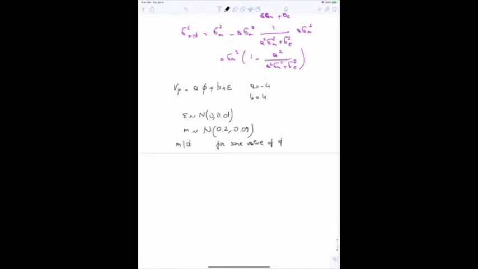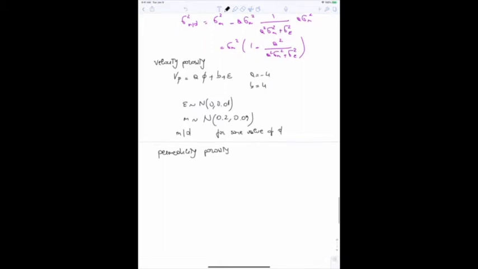And then I'm going to give you something nonlinear. So this is a typical rock physics model for velocity porosity. Then I'm going to give you a rock physics model for permeability porosity. Typically, these models are exponential relationships, something like that.